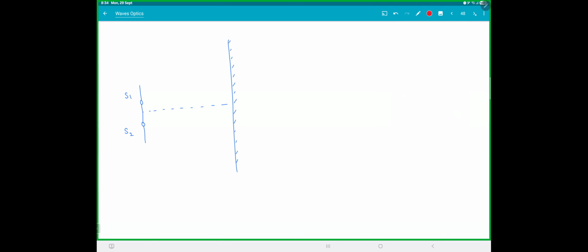So this is a point P at a distance y from here. This is capital D. So y equal to 0 is the midpoint of that.